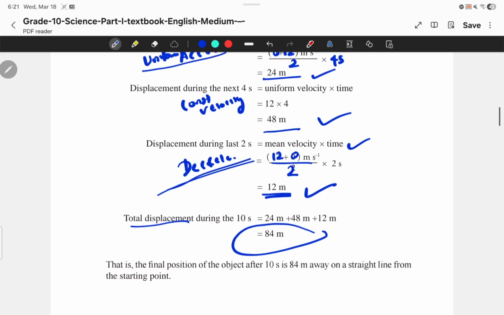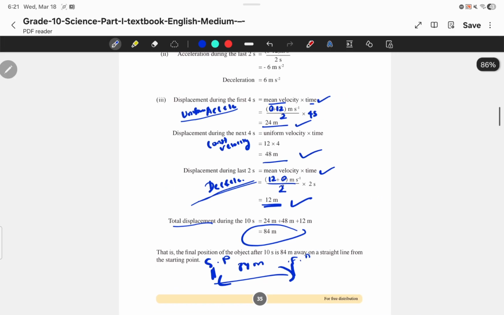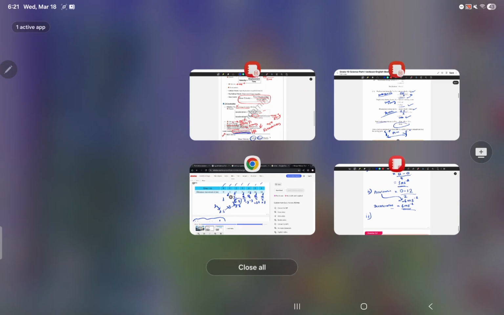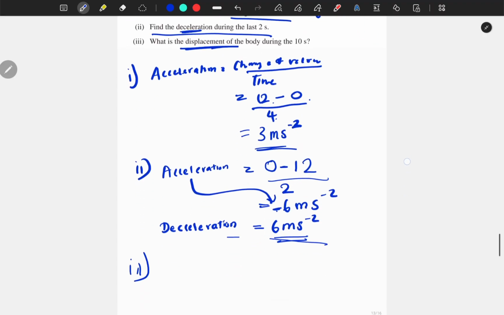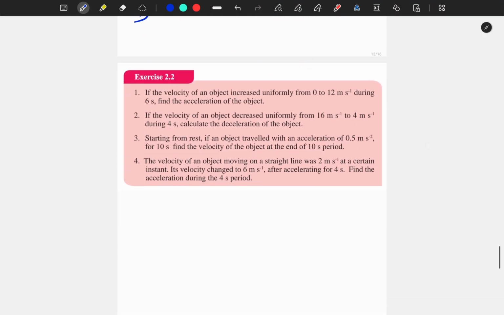Okay, that means the object is 84 meters away from its starting point, at its finishing point here. So it becomes 84 meters. I think you guys understood more clearly. So that is the answer for that.